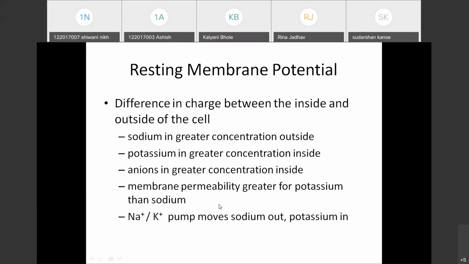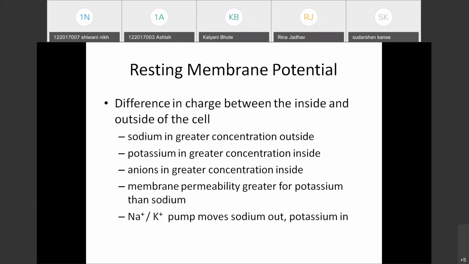Now, membrane permeability: under this condition, the cell membrane is more permeable to potassium than to sodium. Potassium is inside and its concentration is higher, and it also has more permeability than sodium.